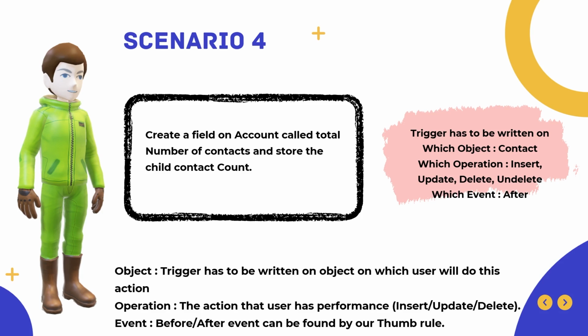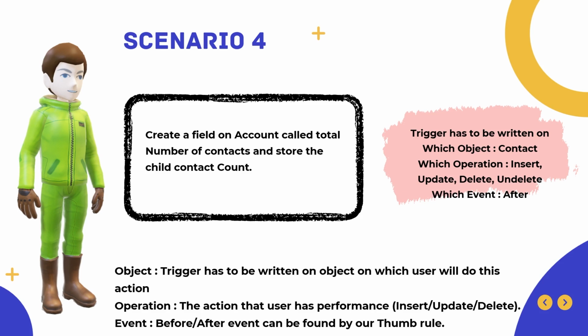So today we are going to see an example: create a field on Account called total number of contacts and store the child contacts count. Now, where do we need to write the trigger, and what events do we need to decide at a very early stage? First, we insert the contact, then only we will be able to update the account, because if we write the trigger on Account, we will not be able to capture our events on contact. When a contact is inserted, updated, deleted or undeleted, we need to update our count.